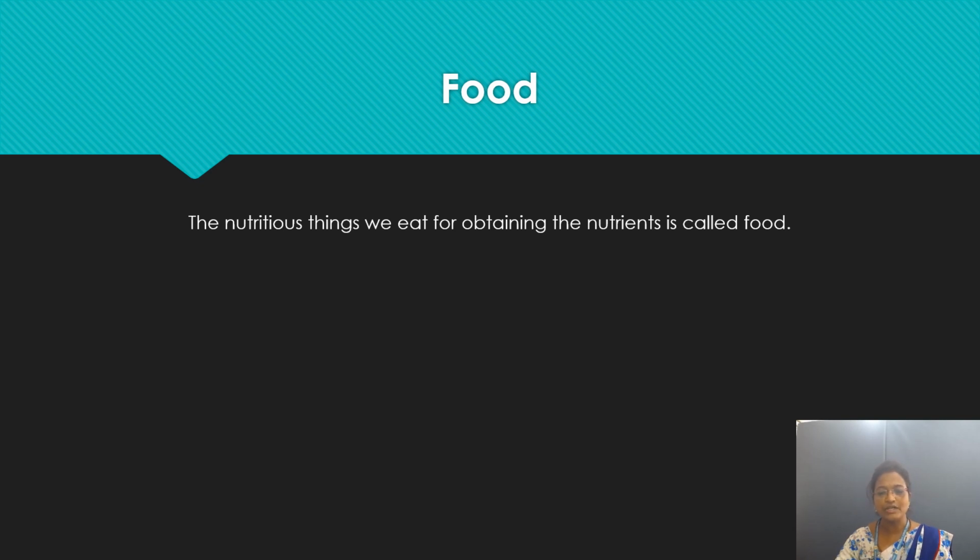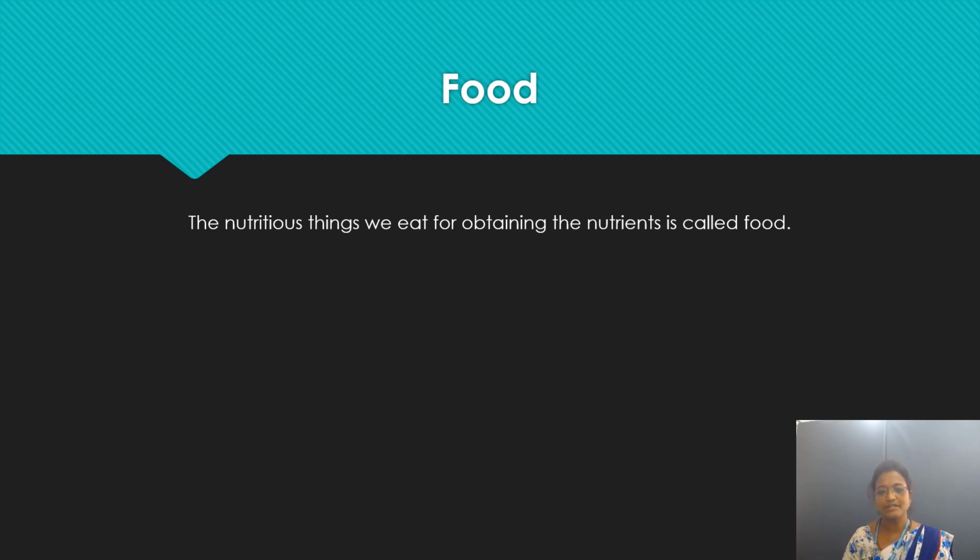Nutrients are substances in our food that are needed by our body for growth, maintenance and repair. Which are the nutrients present? Can you guess? Yes, carbohydrates, fats, proteins, minerals, vitamins, and roughage. These are the nutrients which we get through food, isn't it?